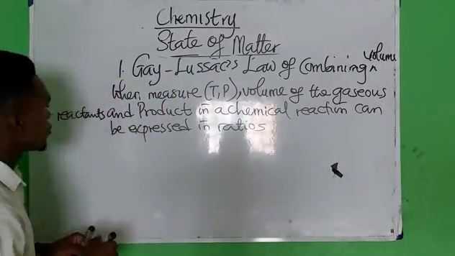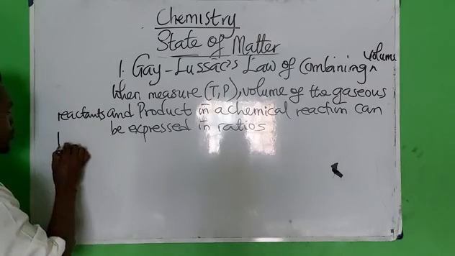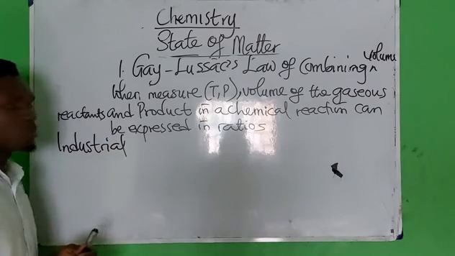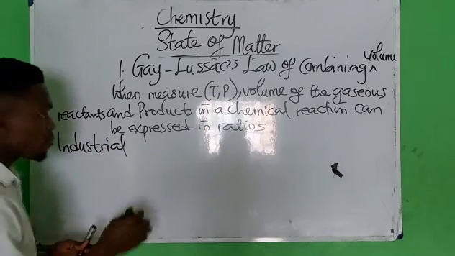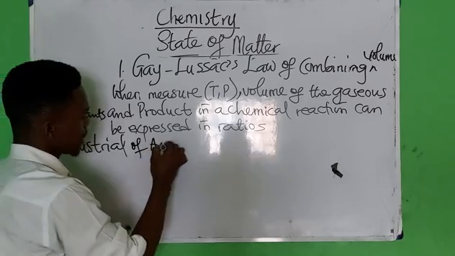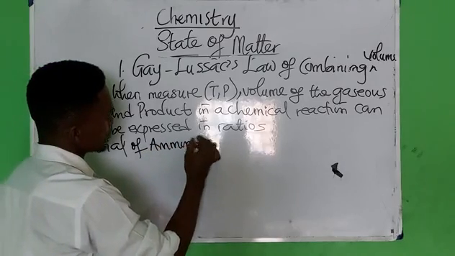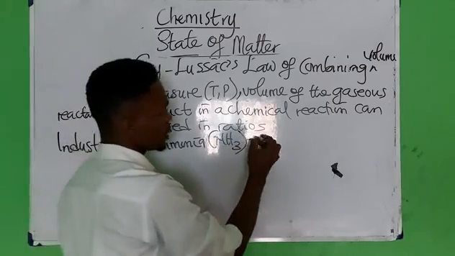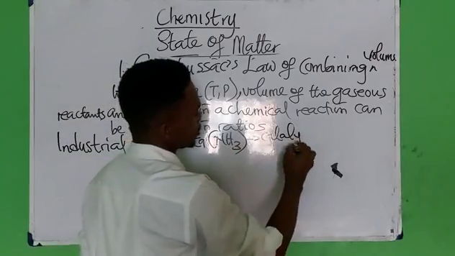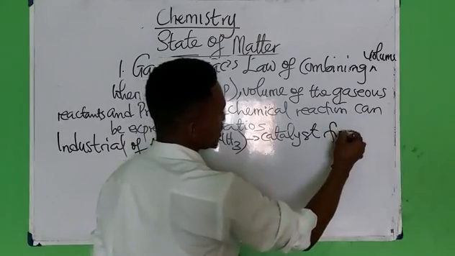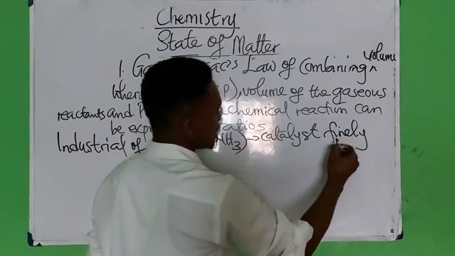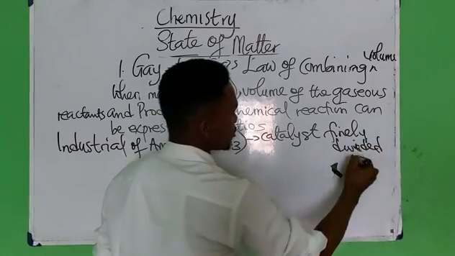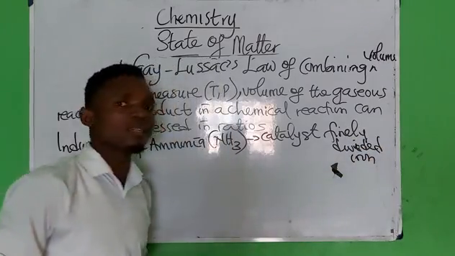Now, for example, during the industrial preparation of ammonia, ammonia of course is a gas, that is NH3. The catalyst used is finely divided iron. Now, what is a catalyst?